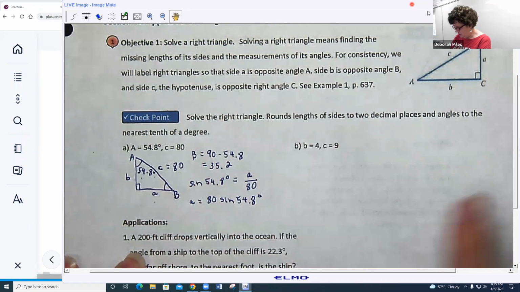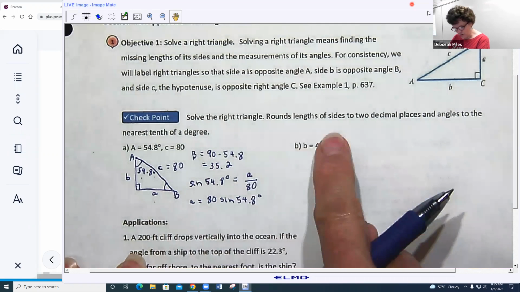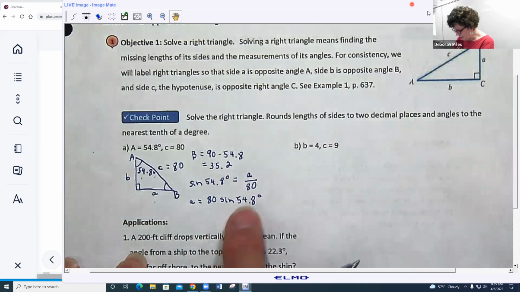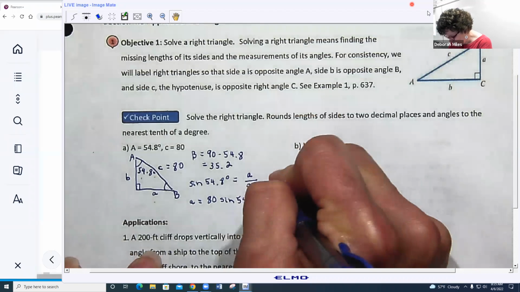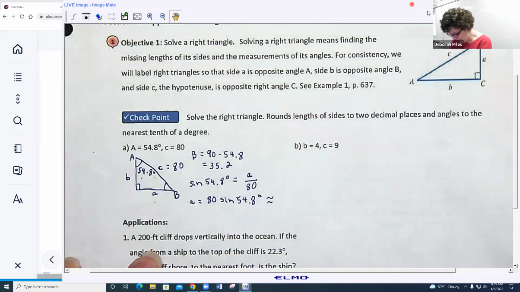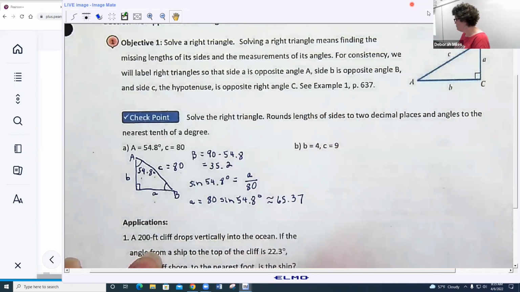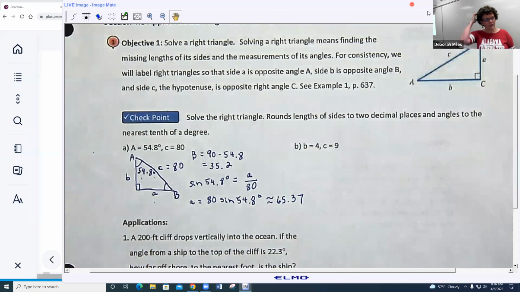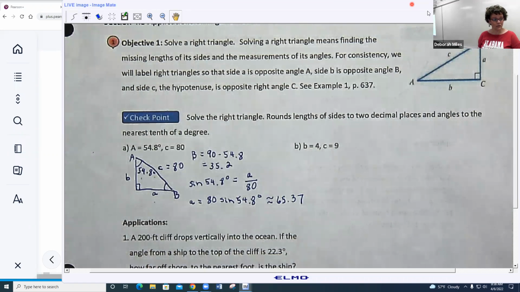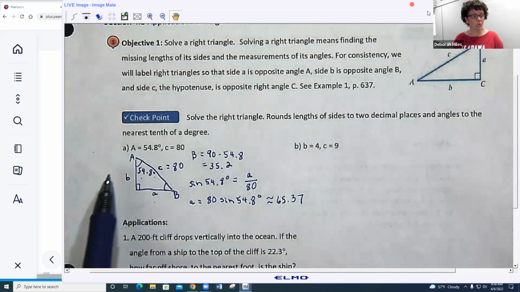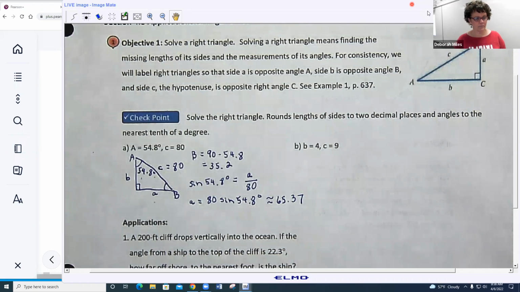The instructions say round sides to 2 decimal places. You can double check this, but yesterday I got 65.37. Punch it on the calculator and that's what you got.